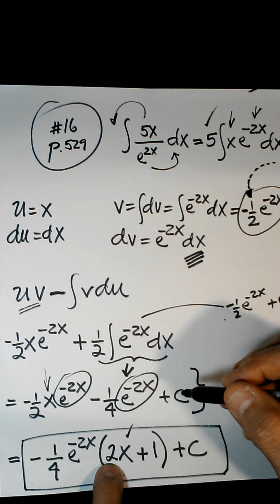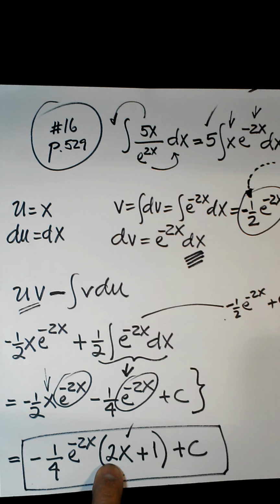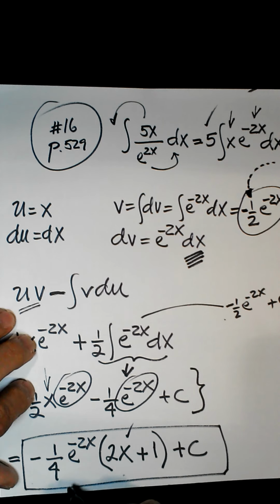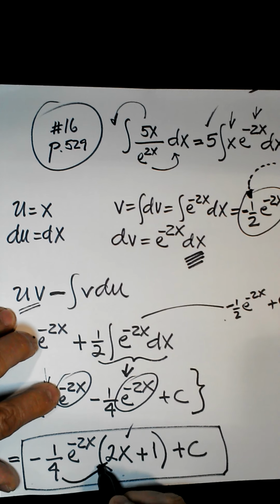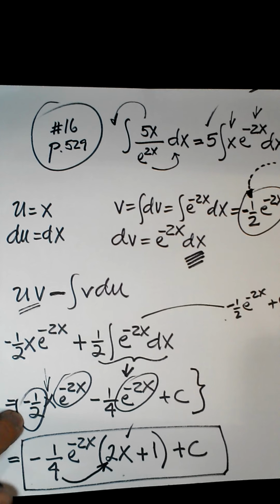So why do I get a number 2 here? Well, it's because if I take 2 quarters, I get the original half. That's why I have this number 2. In other words, this times this gives my original half.